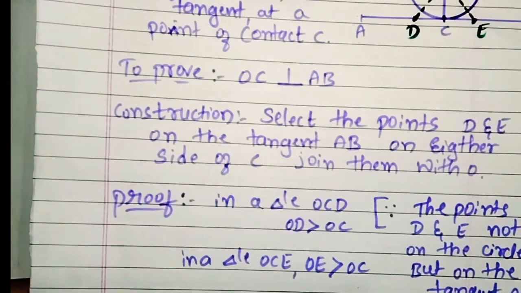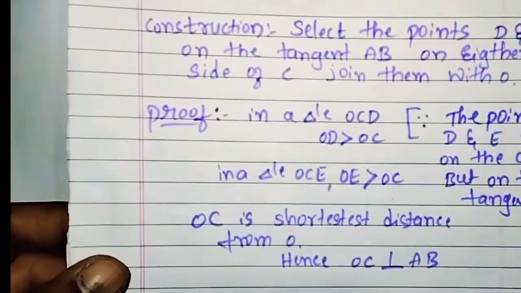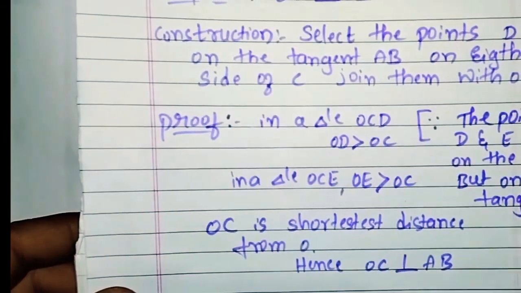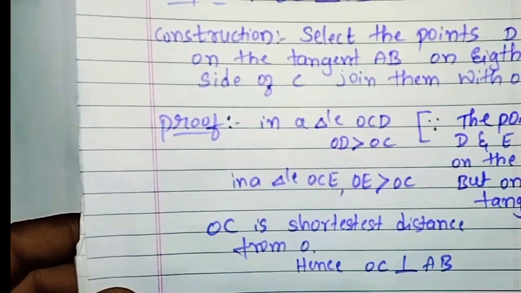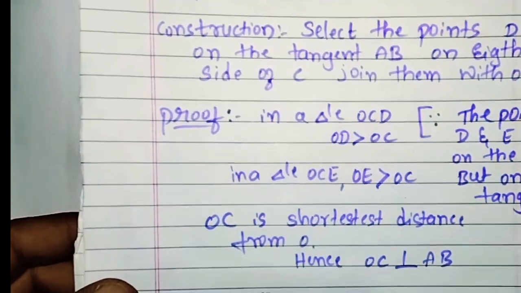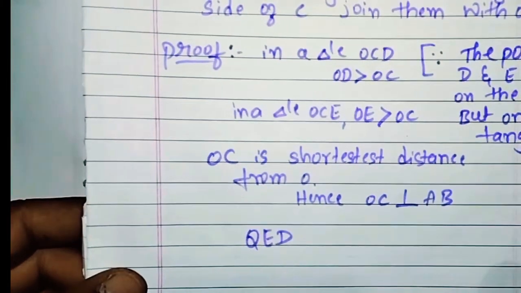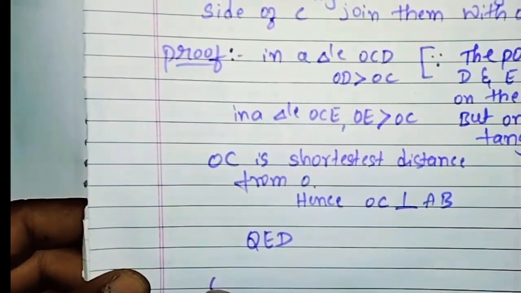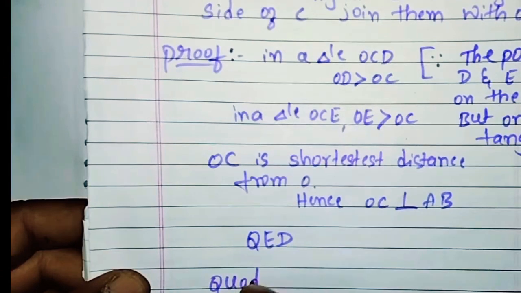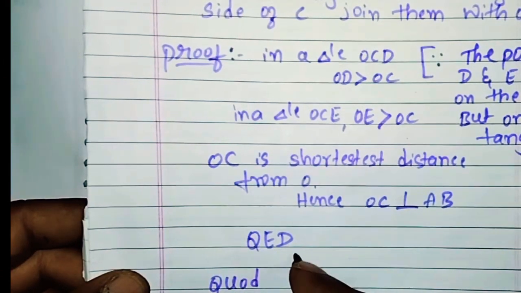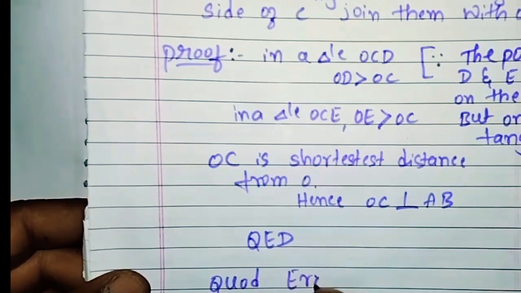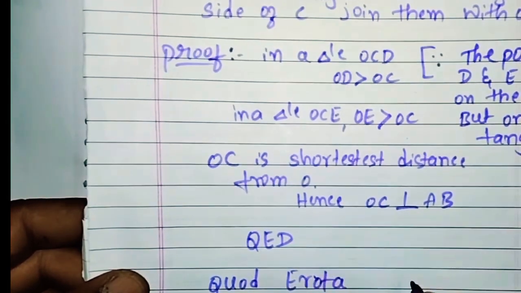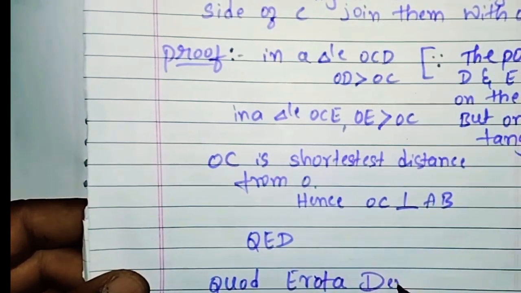And finally, after the proof, you have to write 'hence the proof' or QED like this. Do you know what QED means? Q means quod, E means erat, D means demonstrandum.